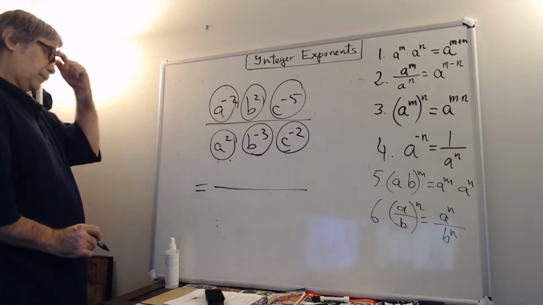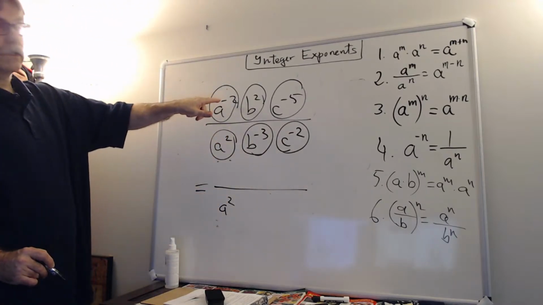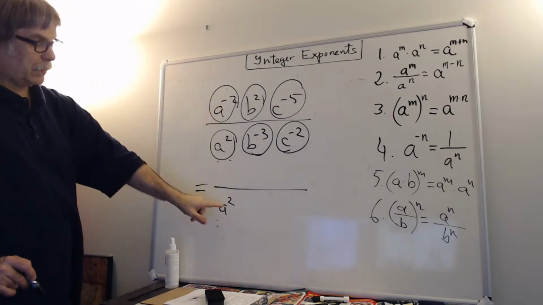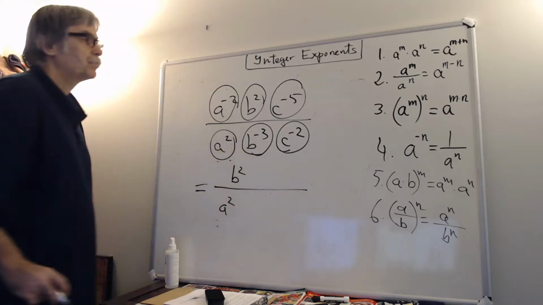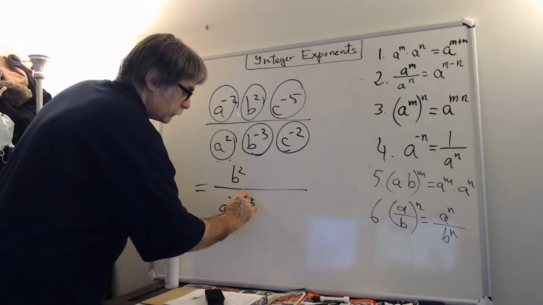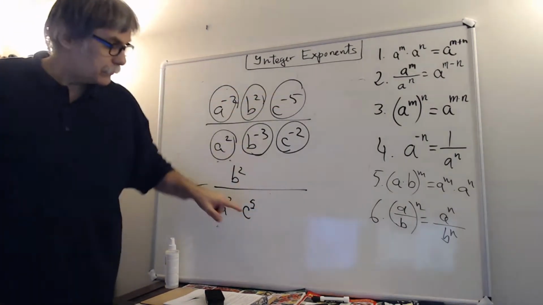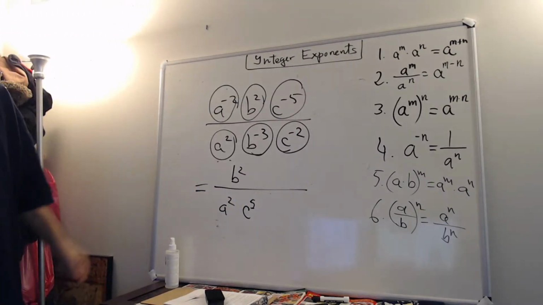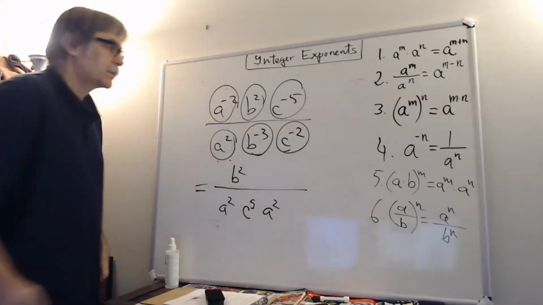Let's see. This one goes down there, changes the sign of the exponent. -2, now it's +2. This one stays where it is. This one goes down there. Power -5, now it's 5, changes the sign. This one stays where it is.